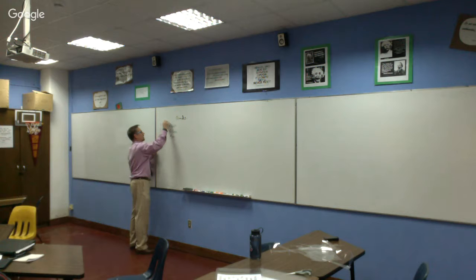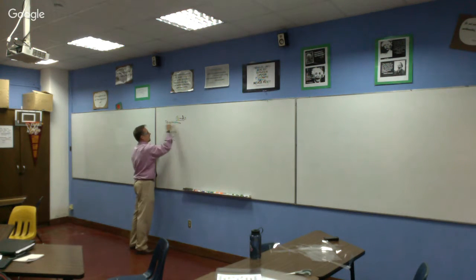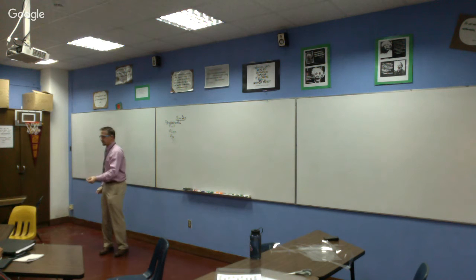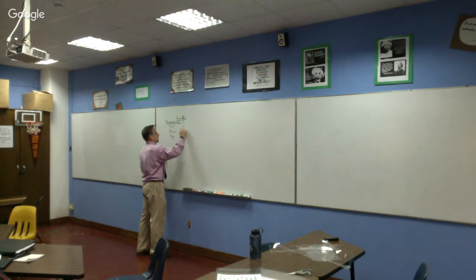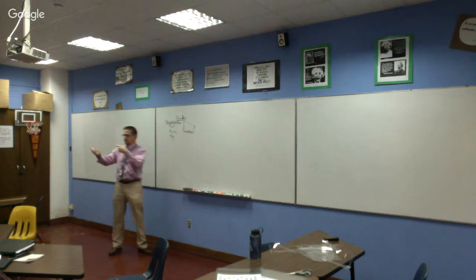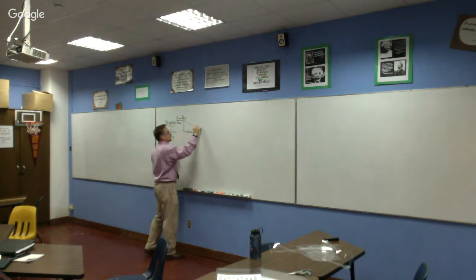Parallelogram. Okay, so we went quadrilaterals and parallelograms. If it wasn't a parallelogram, you need another type. Trapezoid was one of the ones that we dealt with, and we will deal with today. And then the last one was a kite.